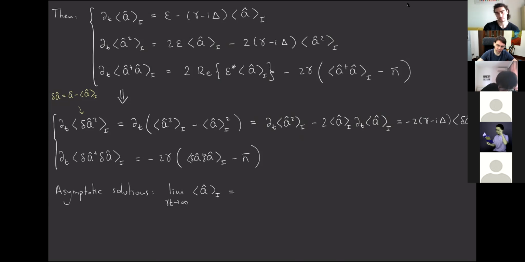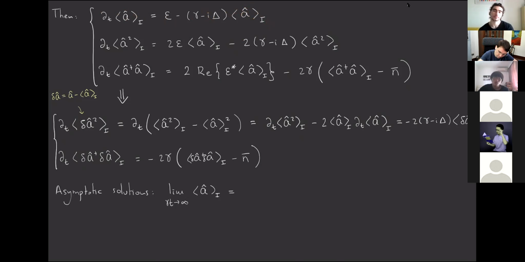It's actually completely trivial to see from the equation, because as I said, this is a linear equation and it has dissipation. So in the long time limit, you will find some asymptotic stationary expectation value. All you have to do is put the derivative to 0. And then you see that the expectation value of A becomes epsilon divided by gamma minus i delta.